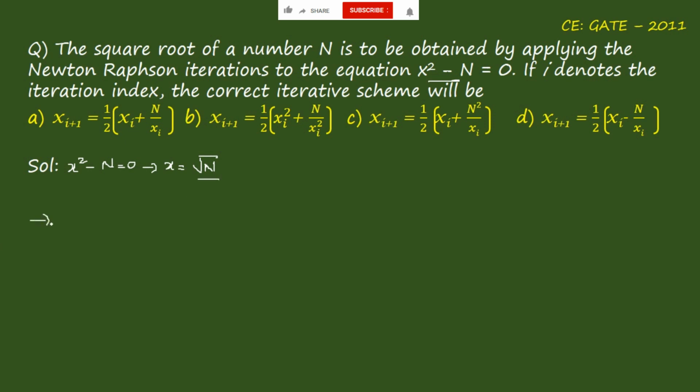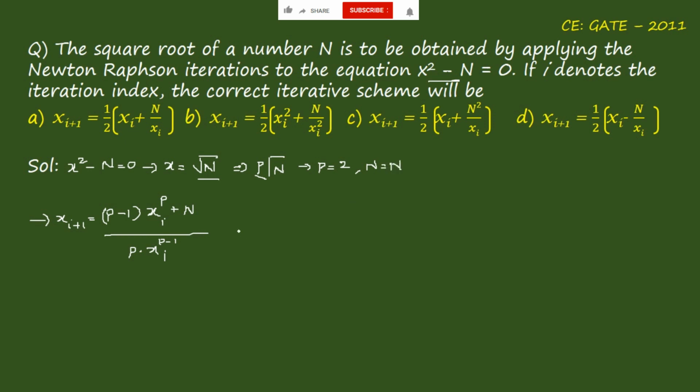For this, in the Newton-Raphson method, we know the formula for the pth root of n is x of i plus 1 is equal to (p minus 1) x of i power p plus n, divided by p into x of i power p minus 1. So here p is equal to 2, and n is equal to n only.